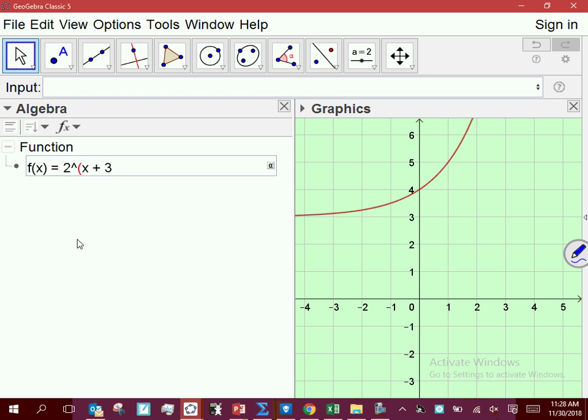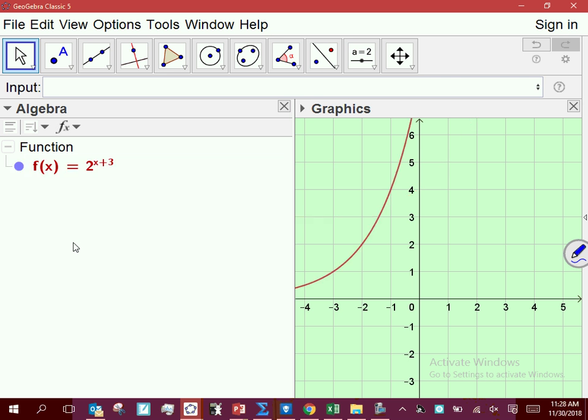So this is the way you're going to see it written, because the x is in the exponent, so you're going to see that x plus 3 written in the exponent. Does that make sense? Okay. So now I see that plus 3, so it actually moves it left 3 units, right? Okay. Think about this. We're talking about this, but let's say that I just go back to 2 to the x.